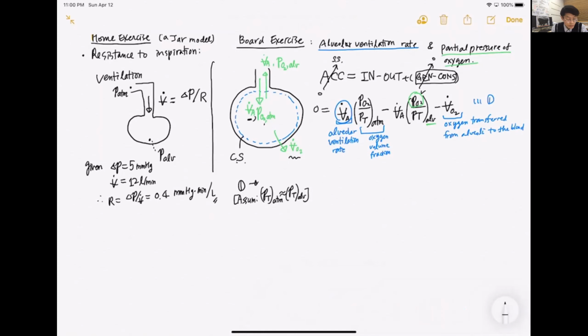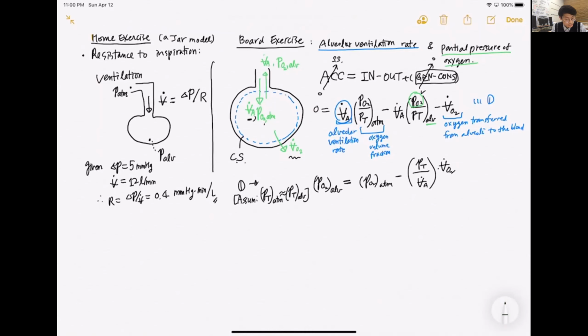So now we rearrange for the partial pressure of oxygen inside the alveolus, and what we get is the partial pressure of oxygen in the atmosphere minus the total pressure divided by the alveolar ventilation rate times the volume flow rate of oxygen.